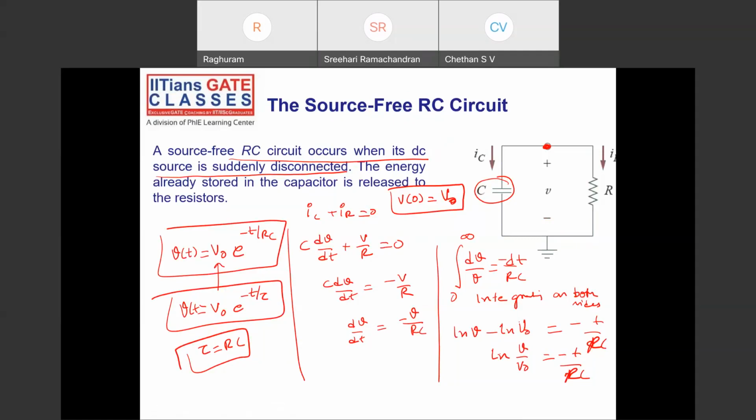I have a doubt in the current direction: the same current is actually flowing through the circuit, right, sir? Yes. For the sake of this nodal analysis, I took it this way.